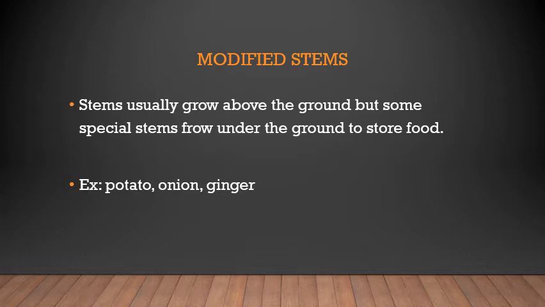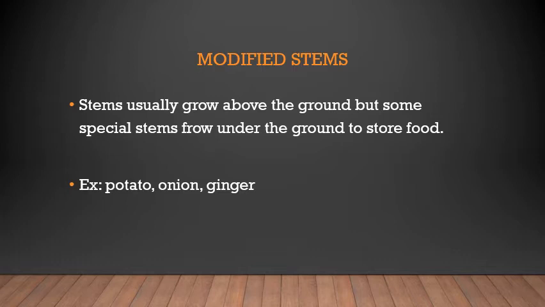But modified stems means stems usually grow above the ground, but some special stems grow under the ground to store food. Basically, they want to protect their food from other animals eating them, or keep it safe from other things. That is why these are modified.